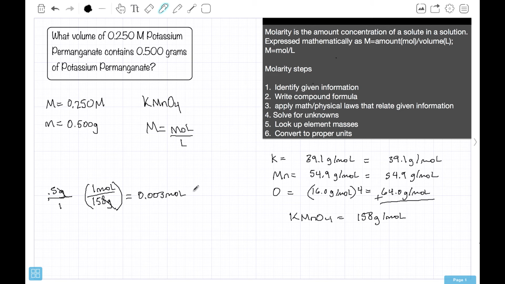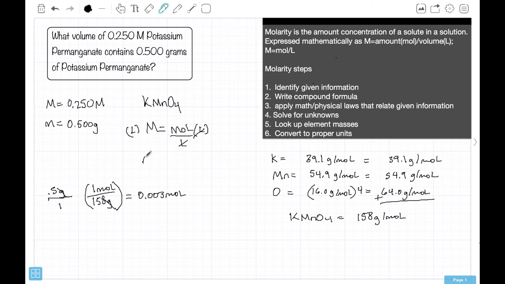moles. Okay, so now we should have solved for this unknown already, like it said in step 4, but we'll do that right now. Oh no, we're looking for liters in the end, but still, we should multiply by liters so that we can take it from the denominator.